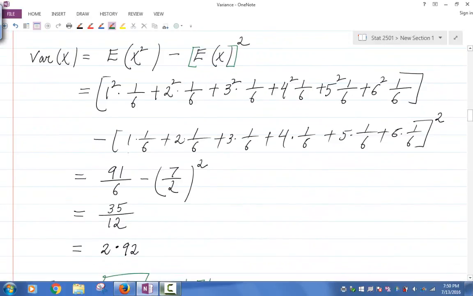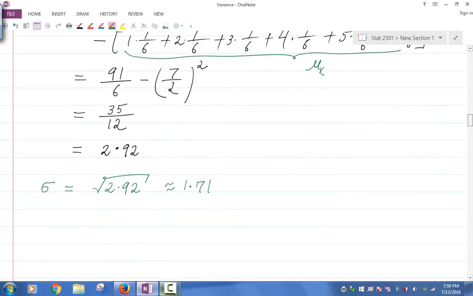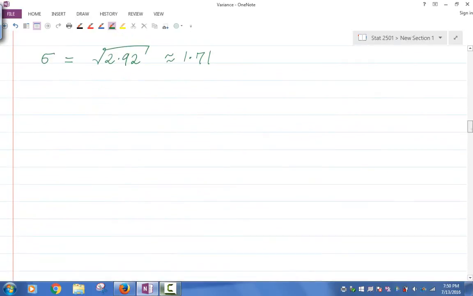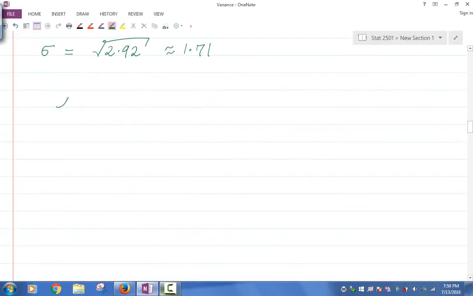Notice that the quantity here is actually the mean of x, right? Because that's the expectation of x. So we know that already is 7 divided by 2.